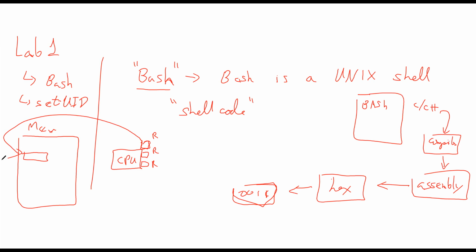However, what's this going to look like, do you think? This data here, what does it look like? Let me give you A, B, C. Do you think it'll look like C, C++? Do you think it might look like assembly?